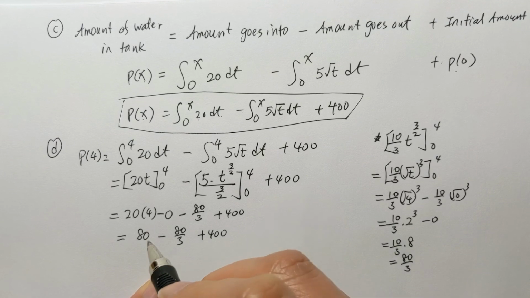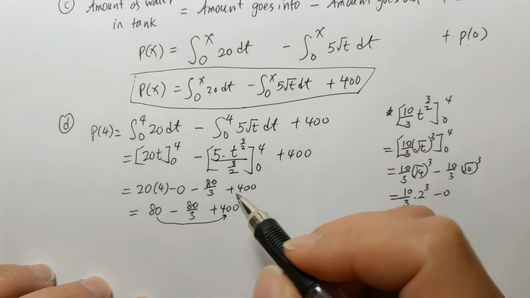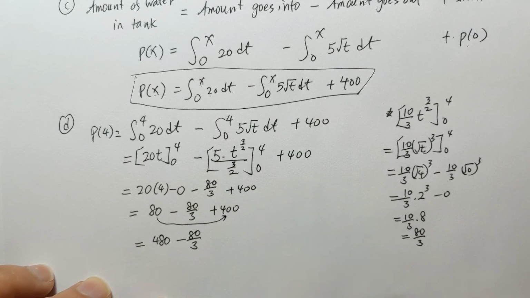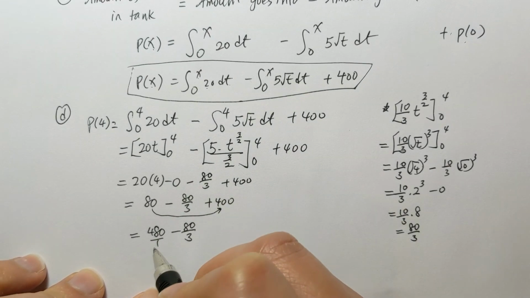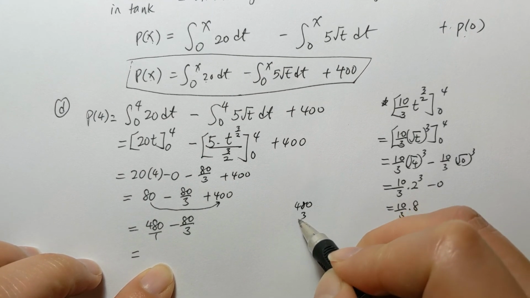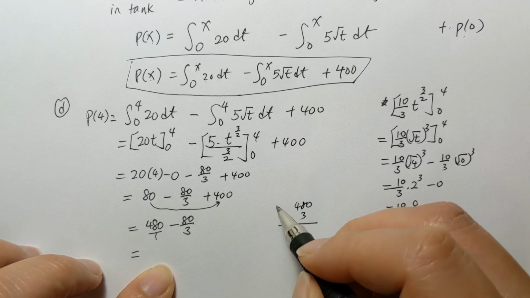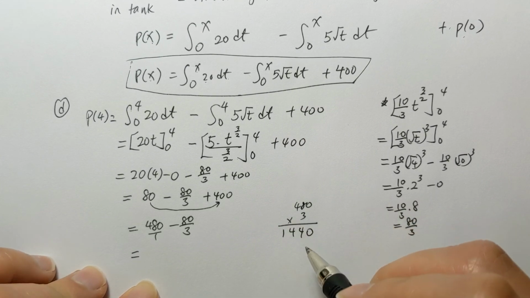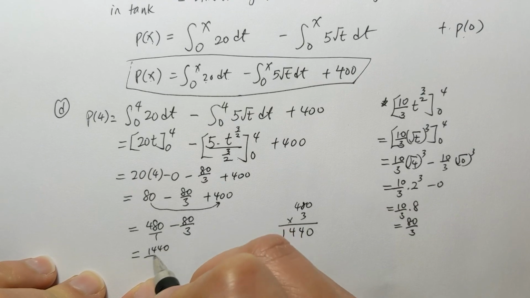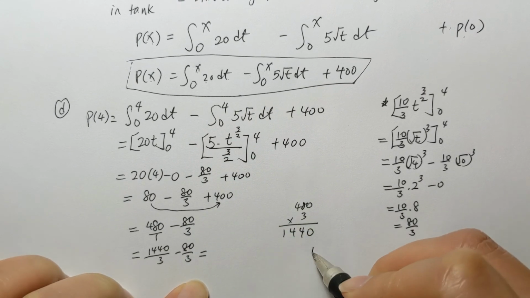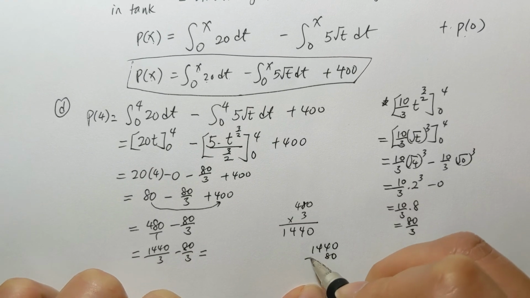I'm going to combine these together, so I get 480 minus 80 over 3. I'm going to make this into an improper fraction: 480 times 3 is 1440, so I have 1440 over 3 minus 80 over 3. Then 1440 minus 80.